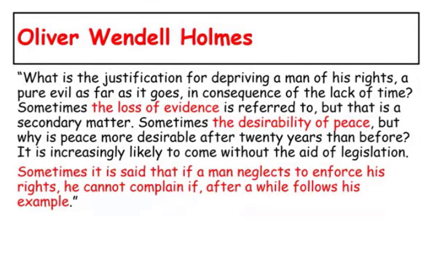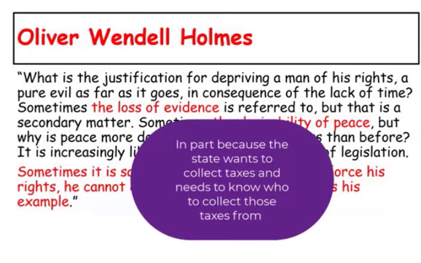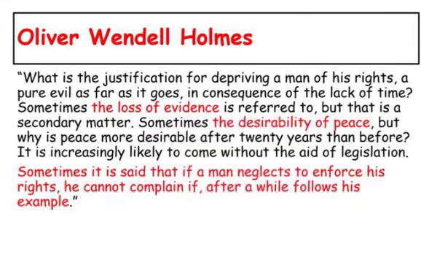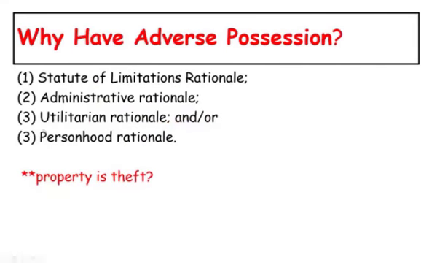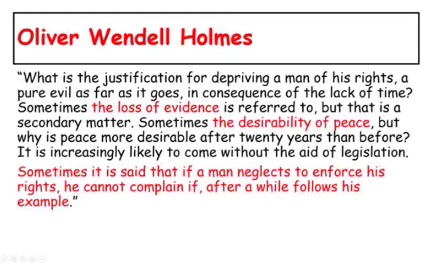And if there's one thing you will see in this class of property, it's that the law always wants to know who owns property. Super important that there be clarity. So this rationale, the loss of evidence, is a combination of an administrative rationale and a utilitarian rationale, and maybe even a little bit of a statute of limitations rationale.